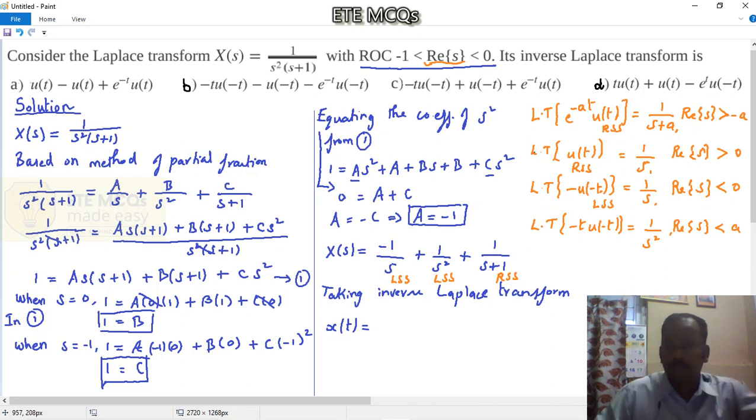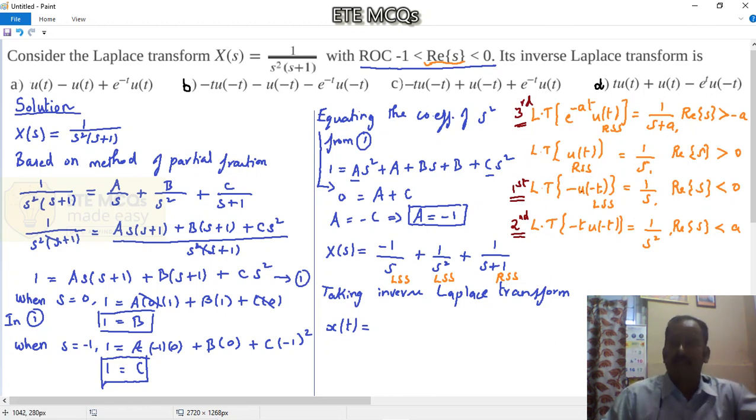In order to compute the inverse, minus 1 by s should correspond to a left-sided sequence. This will contribute to the first term, and 1 by s squared, again a left-sided sequence, will contribute to the inverse for the second term. And 1 by s plus 1 should be a right-sided sequence, which will contribute to the inverse of the third term.